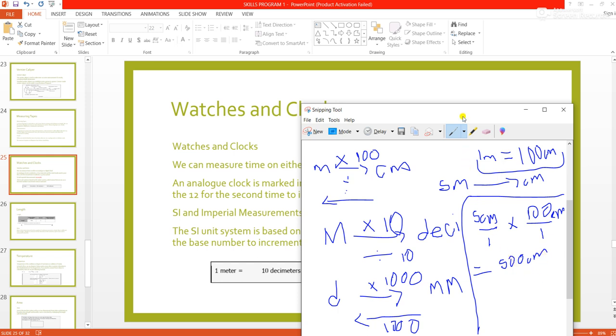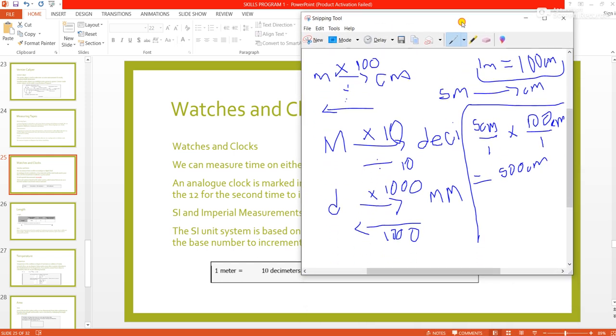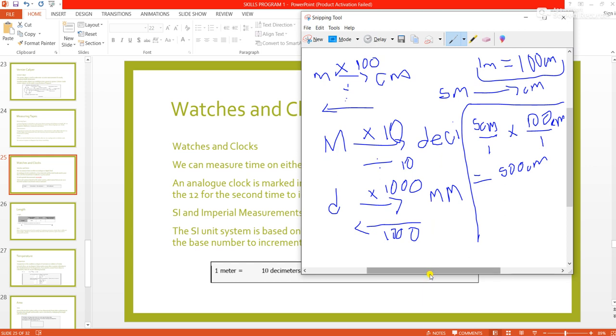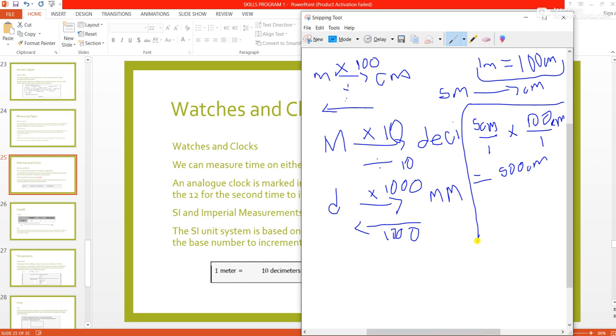Let's say we were given to convert 500 centimeter to meters.